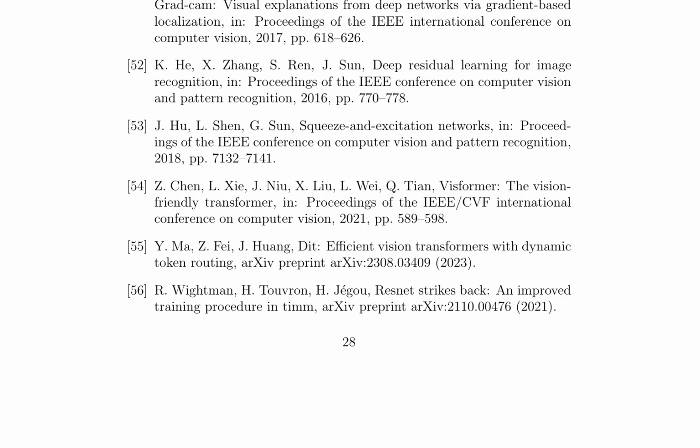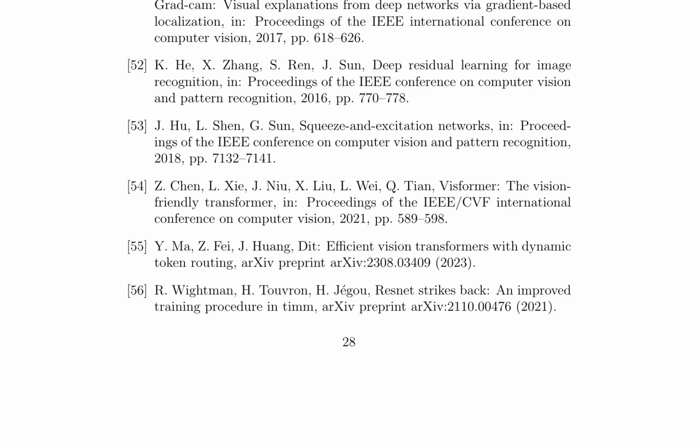Optimization algorithms like Adam, techniques like AutoAugment, random erasing, and mixup, and architectures like MIDI-DETR, ViTFormer, and ResNet have also played a crucial role in advancing vision transformers. Conditional positional encodings, Grad-CAM, and squeeze and excitation network, SENet, are additional techniques that have improved the performance and interpretability of vision transformers.